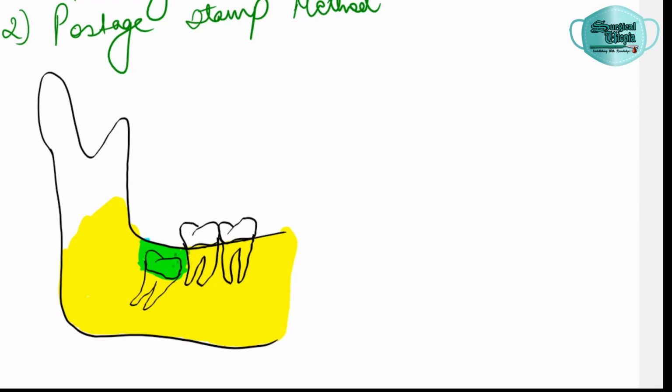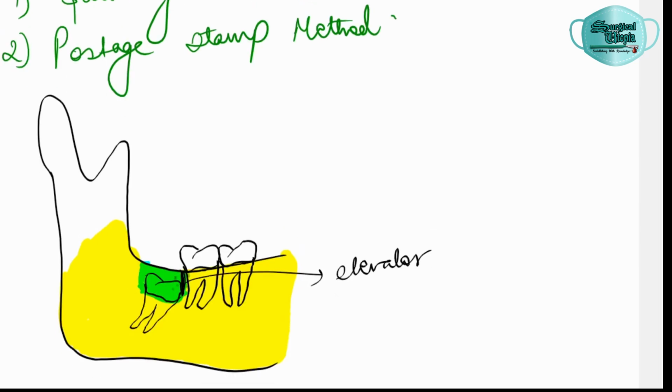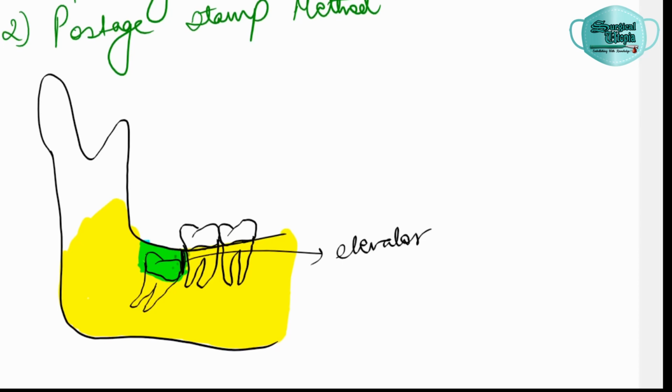And then at the mesial end, that is the purchase point where it was created, the elevator is placed and the tooth will be elevated. So this was the guttering technique, in which the guttering started from the mesial end using a round burr to make a purchase point, and after the purchase point was made, the burr was changed to a straight fissure burr and the bone was removed.